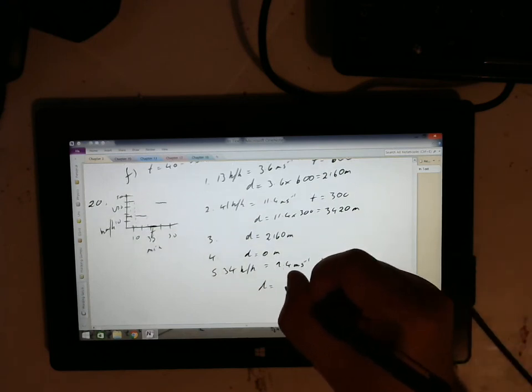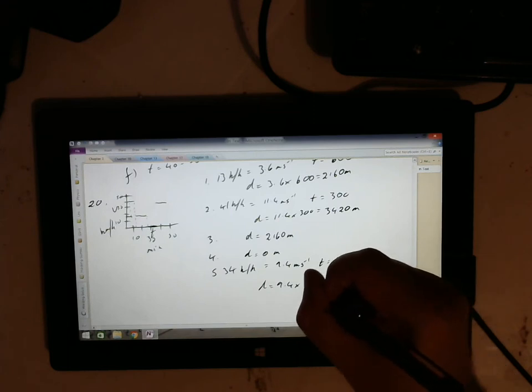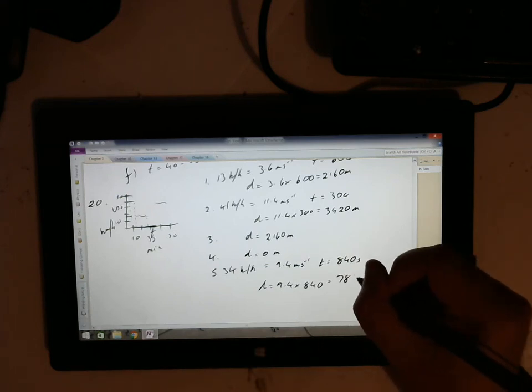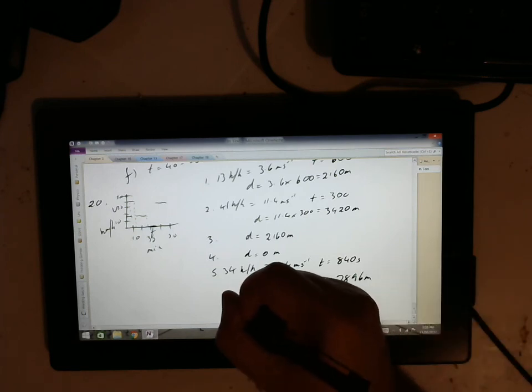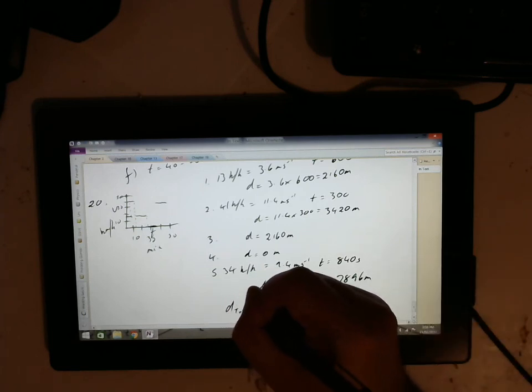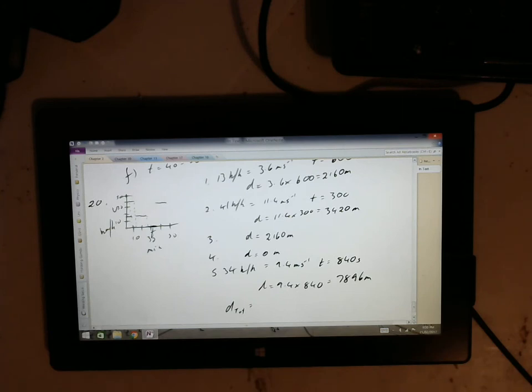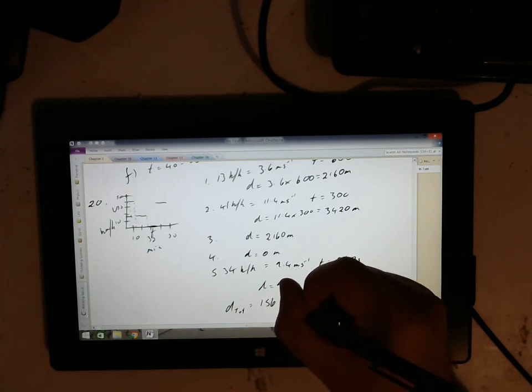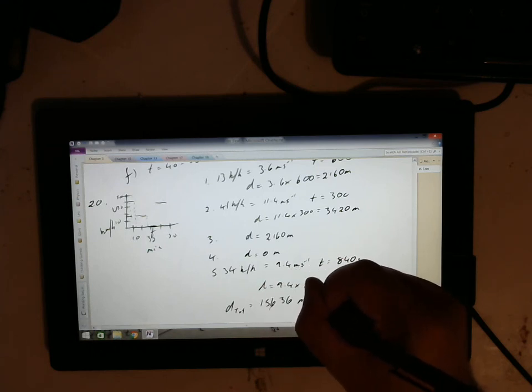So distance equals 9.4 times 840 equals 7,896 meters. So the total distance is going to be the sum of all that, plus 2160, plus 2160, plus 3420, which gives us a total distance of 15,636 meters.